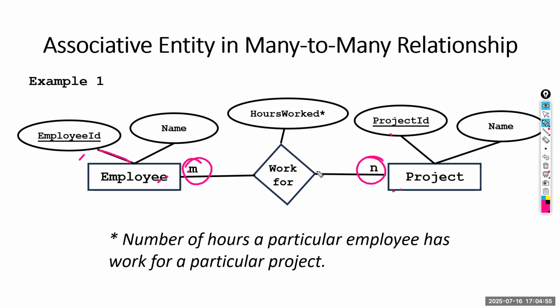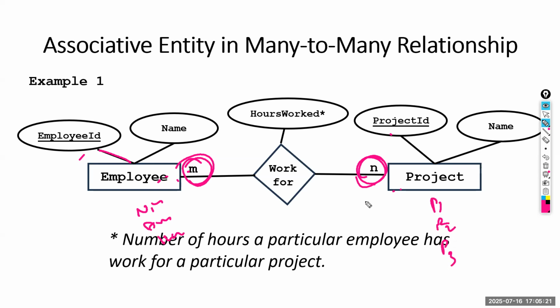So let's assume we want to keep track of how many hours a particular employee works for a particular project, because a particular employee can work for many projects, and obviously one project can have many employees. So my requirement is I want to keep track. For example, I have Nimal, Amal, Kamal, say project 1, project 2, project 3.